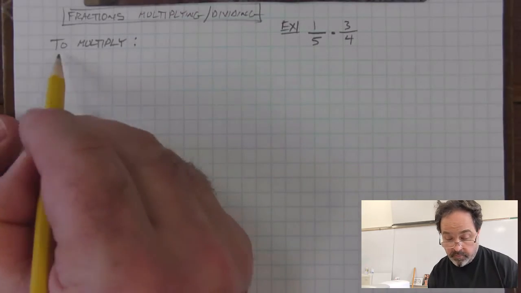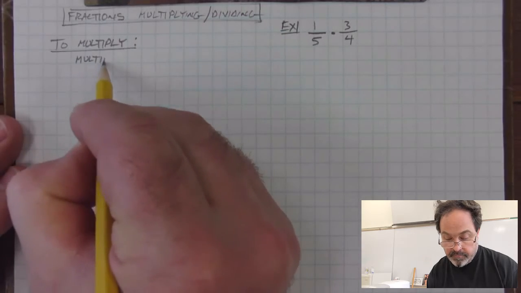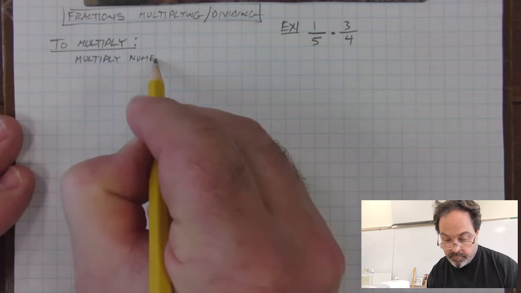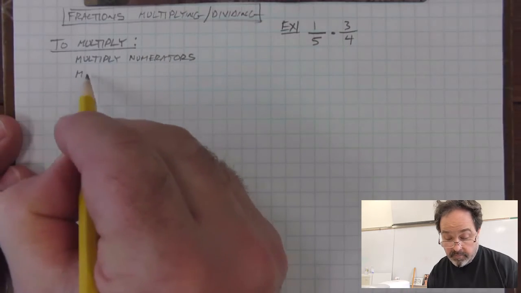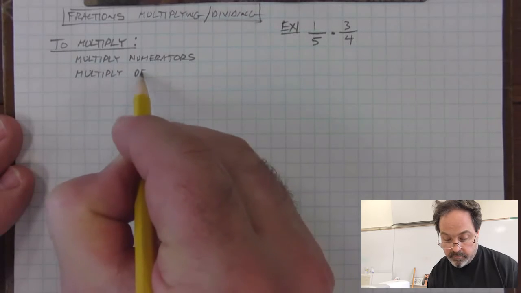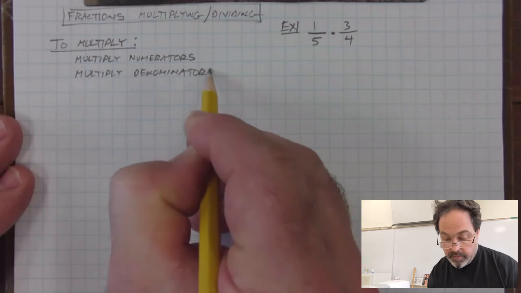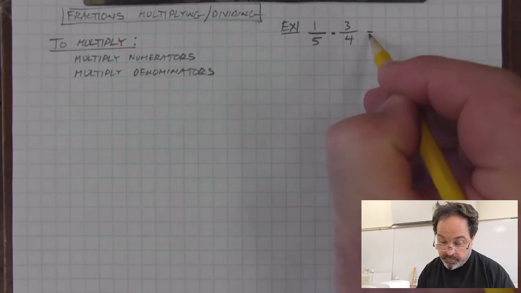It's very straightforward. To multiply, we simply multiply the numerators and multiply the denominators by each other to make a new fraction.